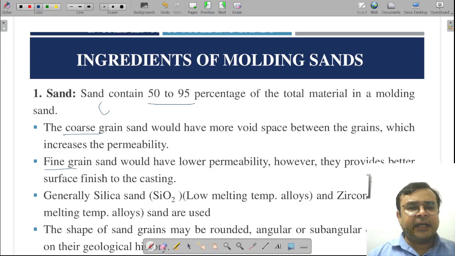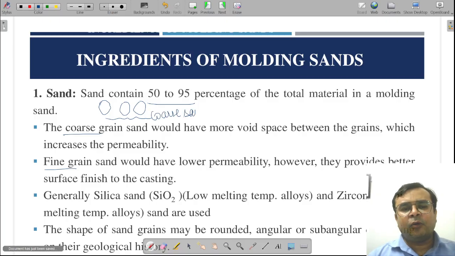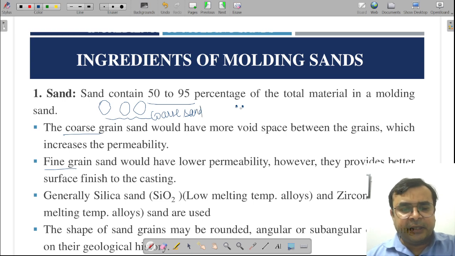Coarse means if the size of the sand is bigger like this, this is called as coarse sand or coarse grain. And if you use this type of sand, this is called fine sand.